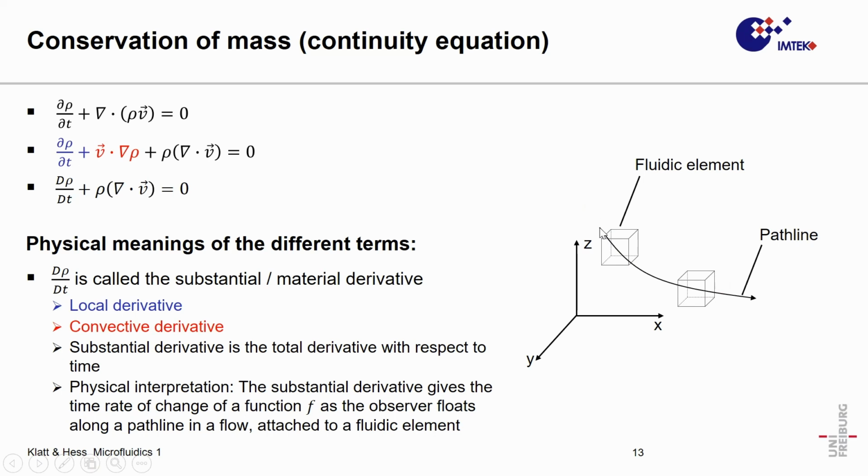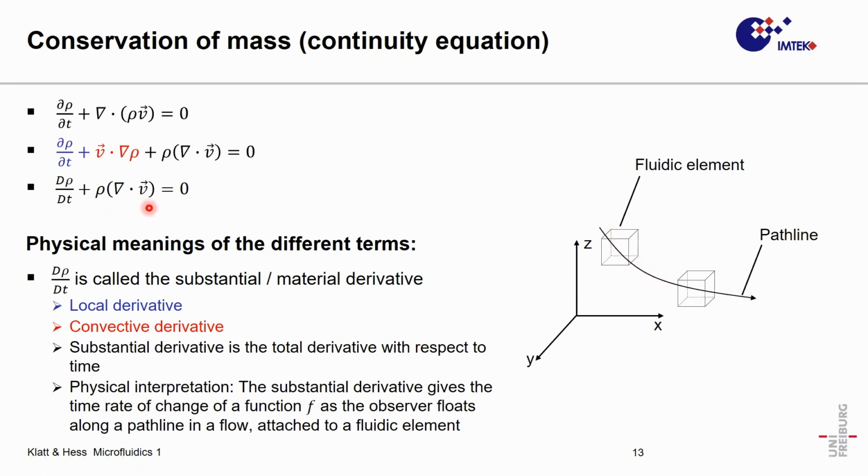A path line is the line on which molecules flow in a flow field. So the fluidic element is following this path line, and if we now have the total derivative or the substantial derivative, then we have the total change inside this control element, which is now moving.